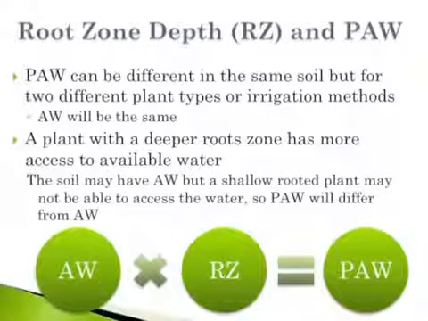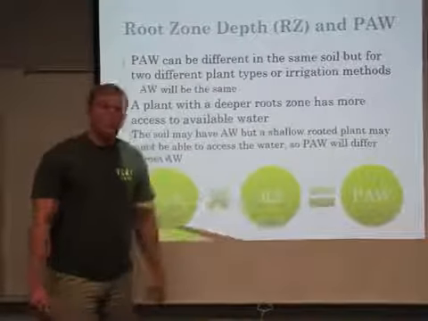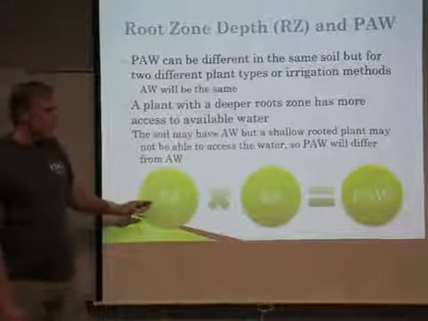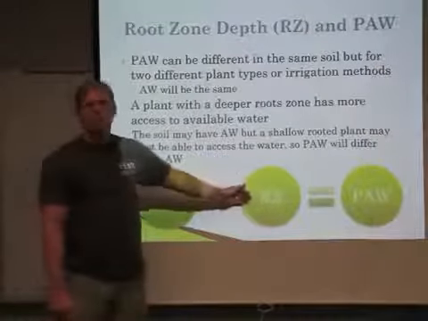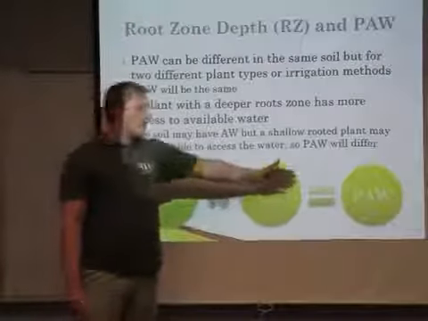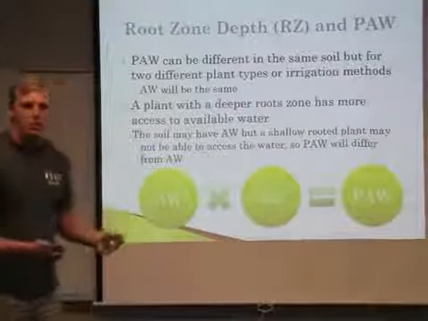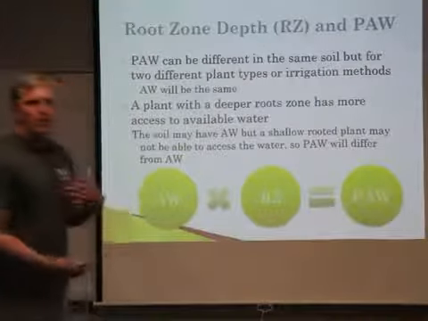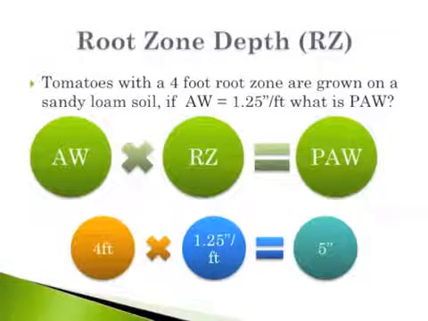So we may know how deep our root zone is in inches, and if we divide that by 12, that'll convert the inches to feet. And if we multiply the available water in inches per foot times the depth of the root zone in feet, we can calculate our total plant available water for the entire plant in its root zone, and calculate how much water is available beyond just that first foot of soil that the available water takes into account.